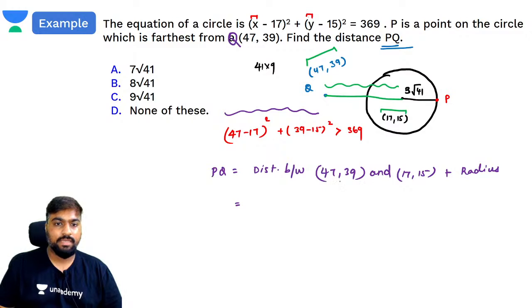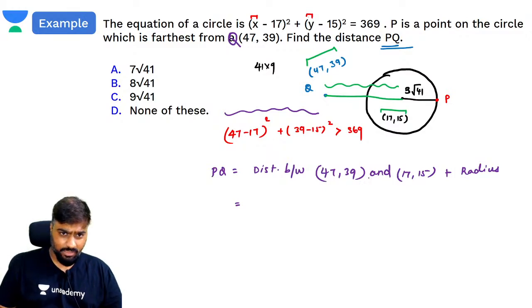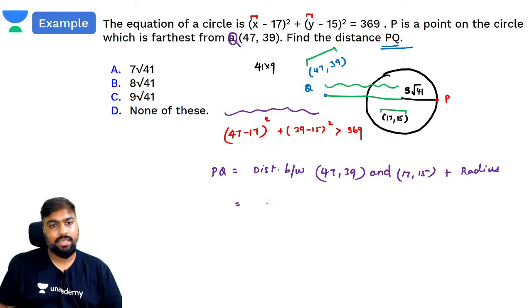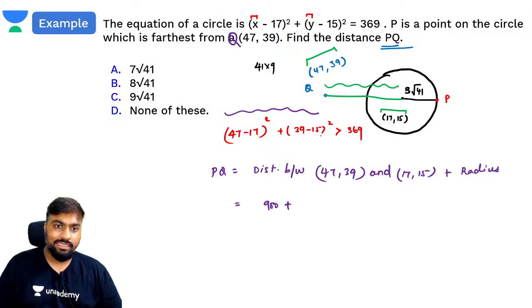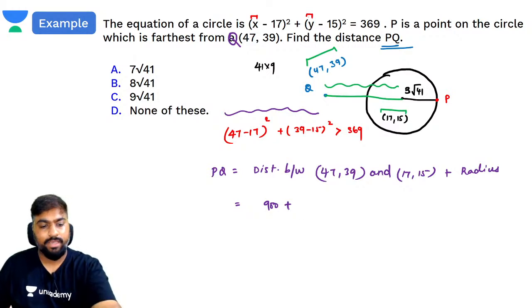So what will this be? Whatever, y1 minus y2 or y2 minus y1, this value basically. So 30 square, 900, plus what is this? 39 minus 15 is 24, correct? 24 square. How much is 24 square?